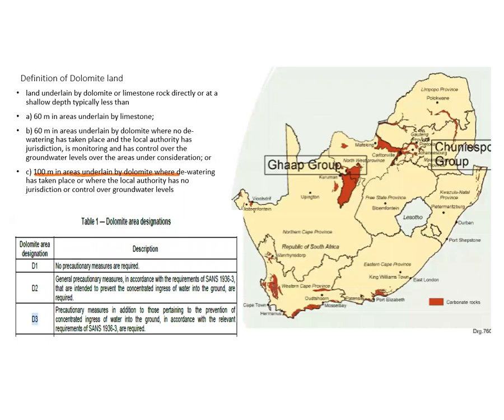D2 and D3 is where, for example, SANS 1936 will provide guidance. It'll tell you this is what you can do in this area, and this is what you can't do. And then D4, which is on the high end of the risk, has additional and specific precautionary measures required when putting in that type of infrastructure. I'll talk about infrastructure a little later and give you a definition of that.